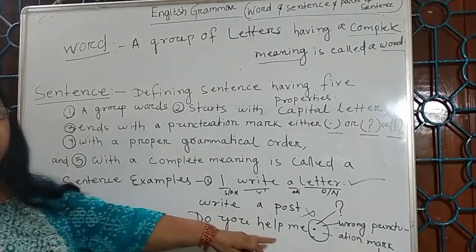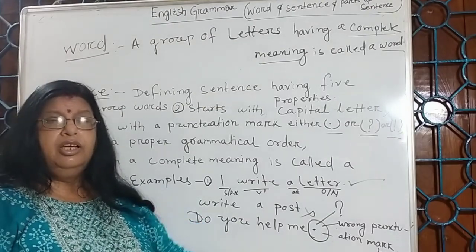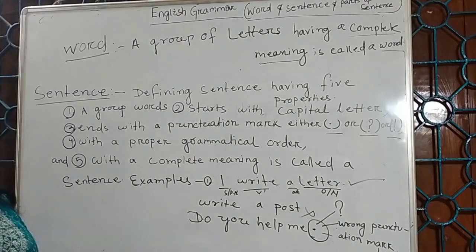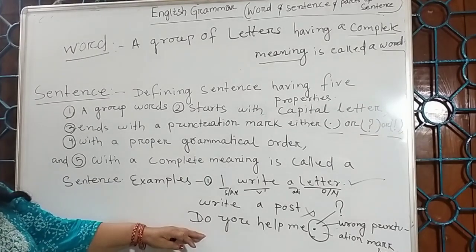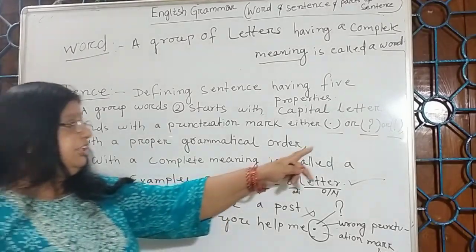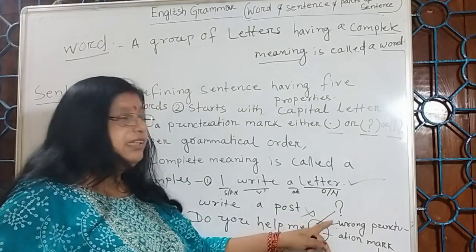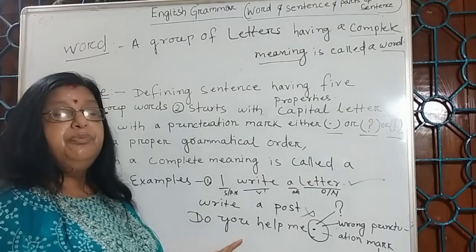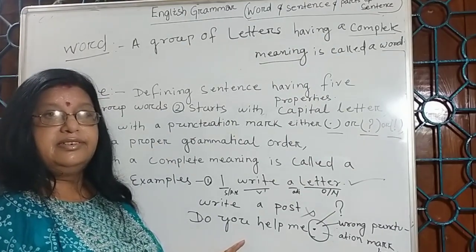That's why when a wrong punctuation is used, we must not call it a sentence. The meaning is understood, but the mark is not given as a question mark. That's why it must not be called a sentence.